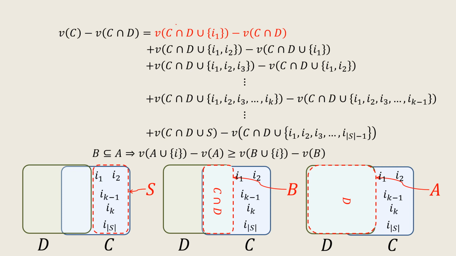This term is nothing but the marginal contribution of agent I1 to C intersection D. And because this property holds, these two terms together will be less than or equal to the marginal contribution of the same agent I1 to this bigger set D. So I have replaced the equal with the less than or equal sign, and I have replaced those two terms with these two, which together is the marginal contribution of I1 to this larger set D here.